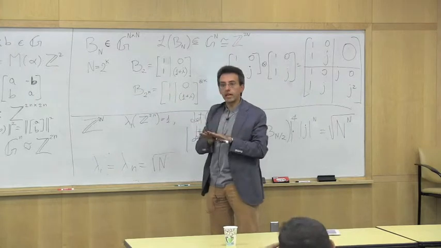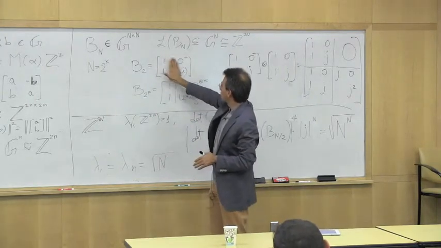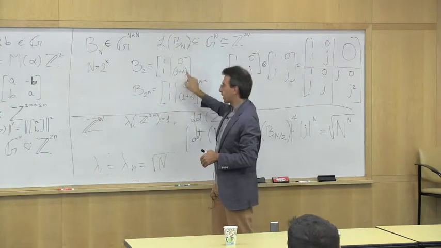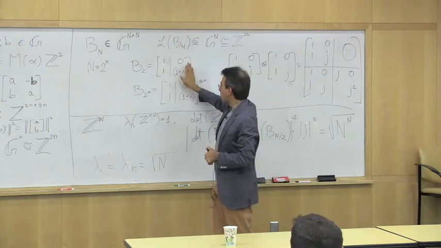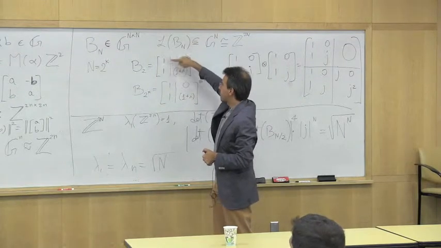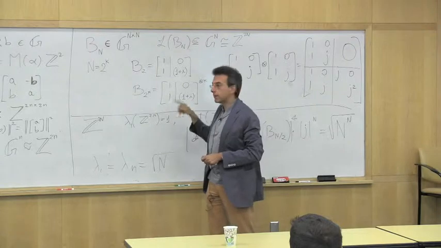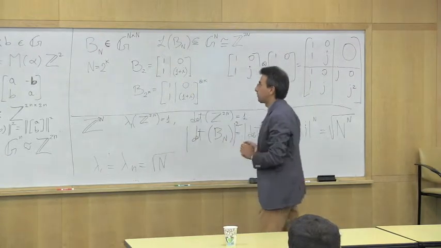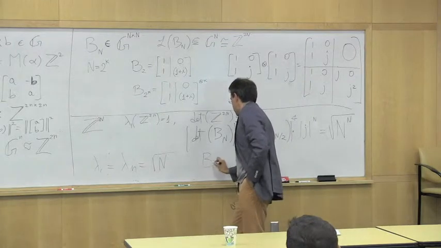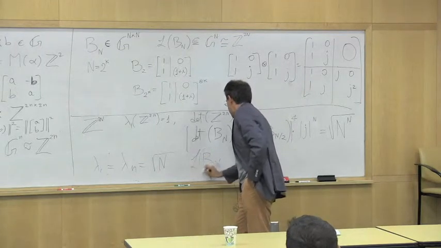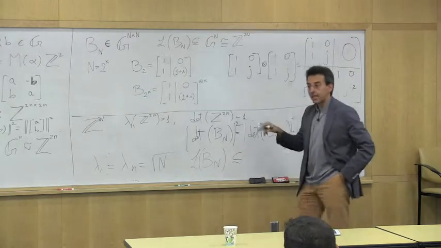You can also take combinations. But it's easy to see that either you have a vector of the form 0, something, where something is multiplied by 1 plus i, or you have a vector where both the top part and bottom part are non-zero elements of Bn over 2. So Bn, the lattice generated by Bn, is always a subset.